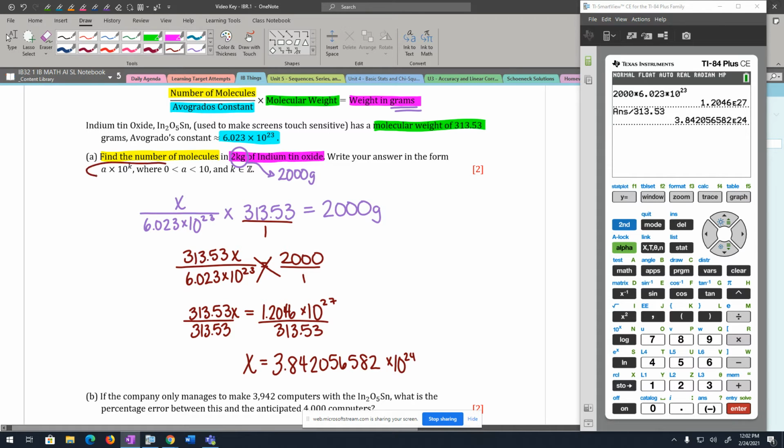We want our answer in scientific notation. That's what all of that means. And it did not tell us how to round, so that means we're going to do 3 significant figures. So 3.84 times 10 to the 24. And we were finding how many molecules.